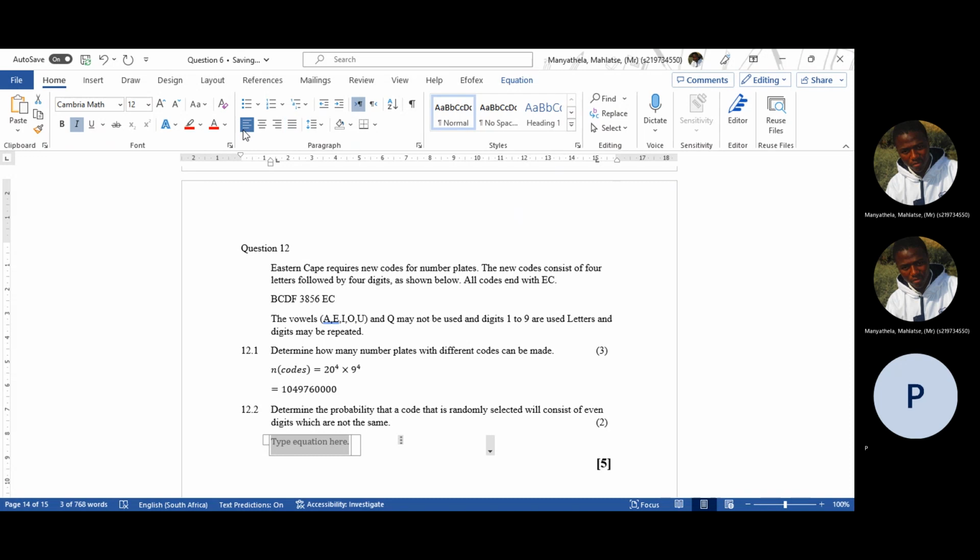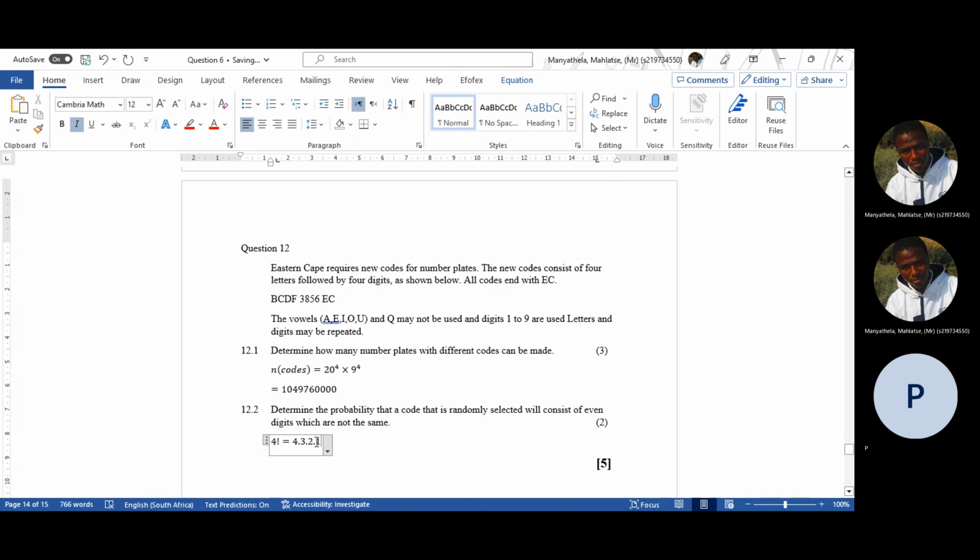If we are dealing with codes which are not the same, we use what we call the factorial notation. If you have 4 factorial, it simply means 4 times 3 times 2 times 1.